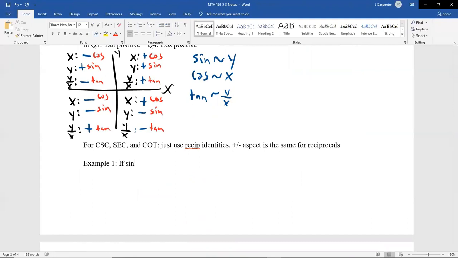All right, so example 1. If the sine of theta is greater than 0, the cosine of theta is less than 0, which quadrant must theta be in?